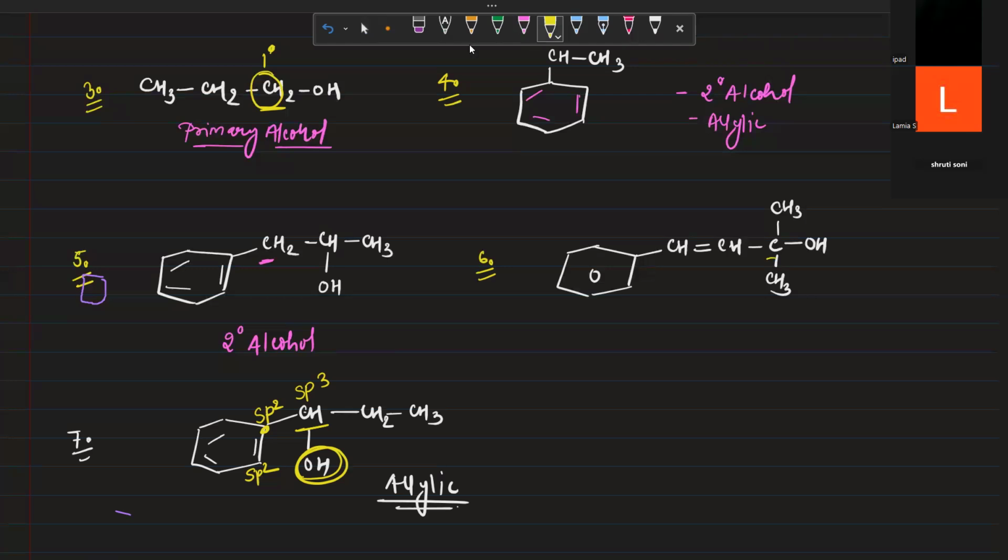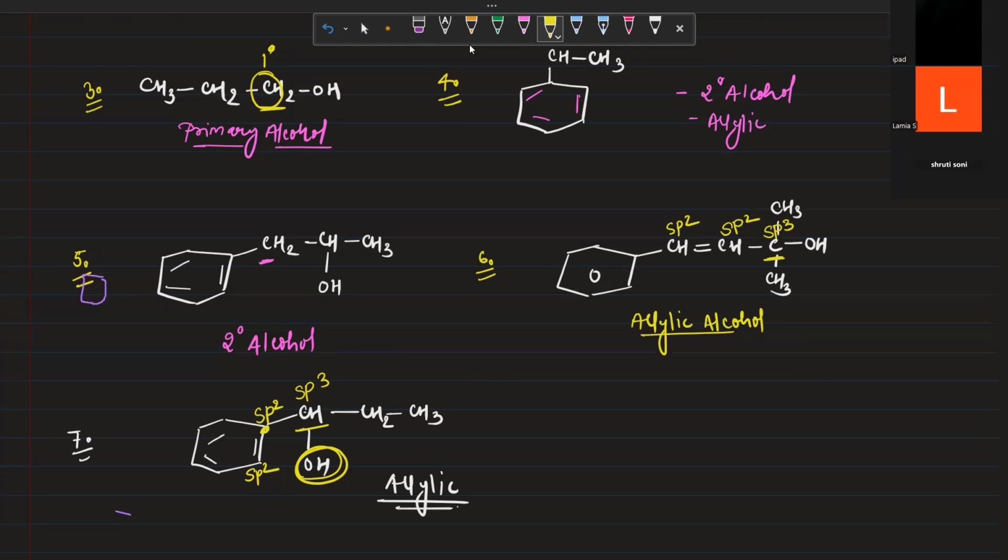Okay. So see, this carbon here is sp3 hybridized. Here is sp2. Any doubt?